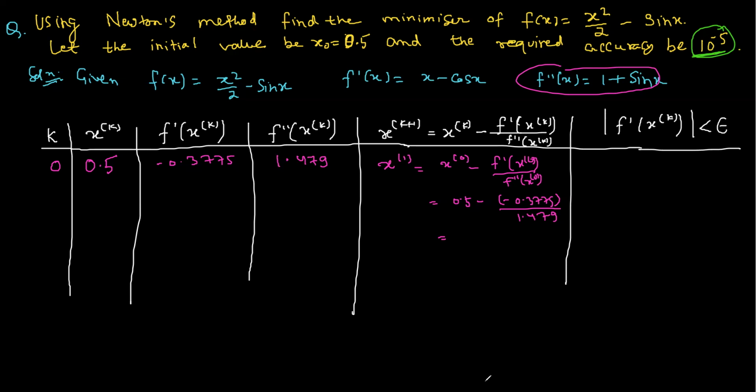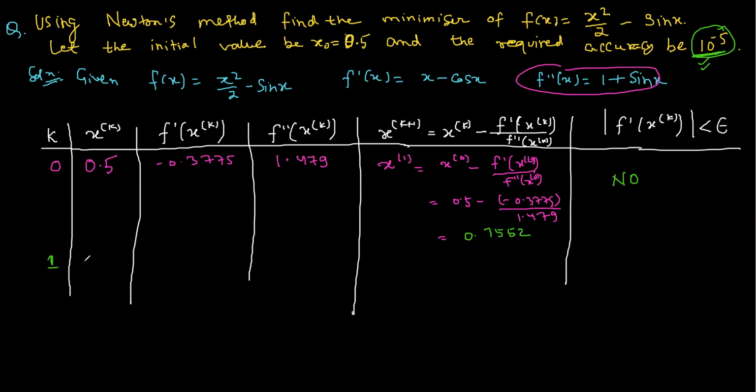What do you get? Very good. Okay, check whether this is less than epsilon. This is not less than, right? That's why go to the next iteration.